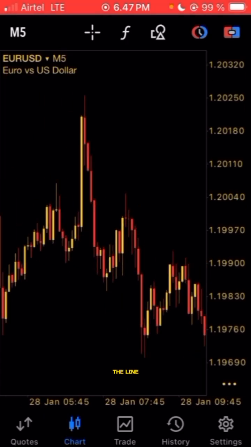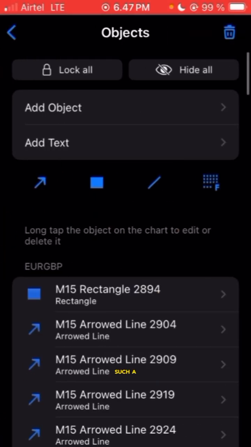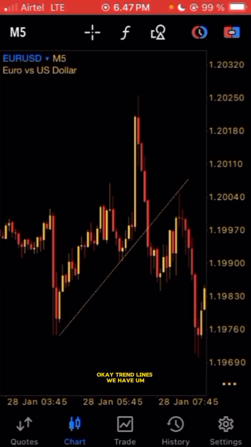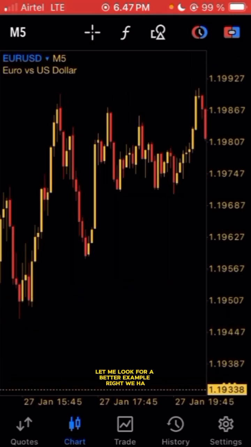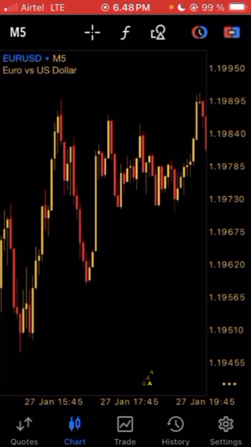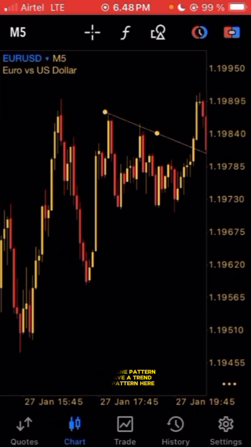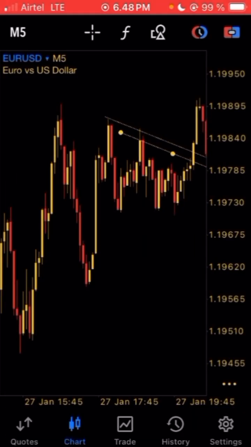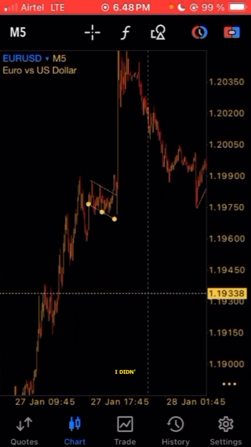The lines are the trend lines. You have lines such as this when it comes to price action. Okay, trend lines. We have a trend line pattern here, which is the wedge, right? So this is not even a wedge, I didn't look at it properly.